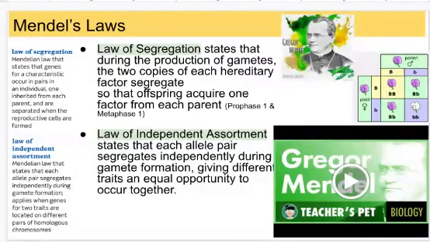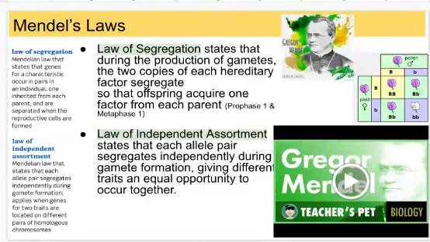Obviously, we didn't have the technology to see that back then. We now know that these particles correspond to genes made of DNA. He did this without knowledge of any of the molecules involved, and he inferred that those heritable particles are separated into sex cells or gametes, the eggs and sperm, and that offspring inherit one particle from each parent.